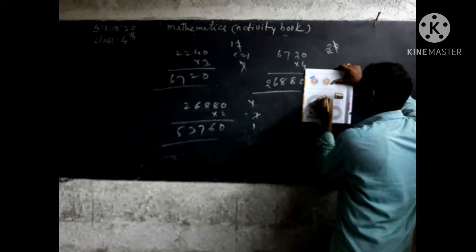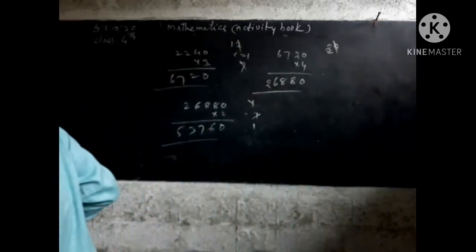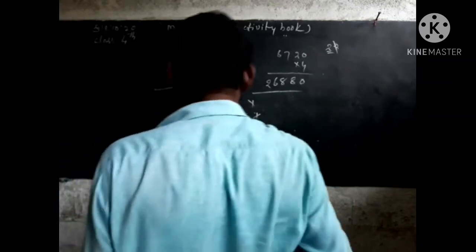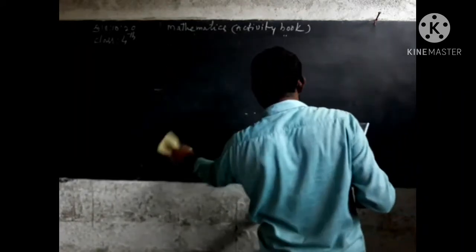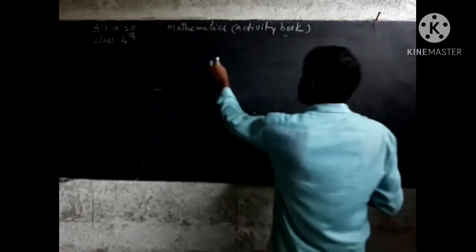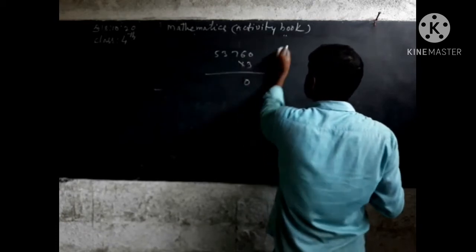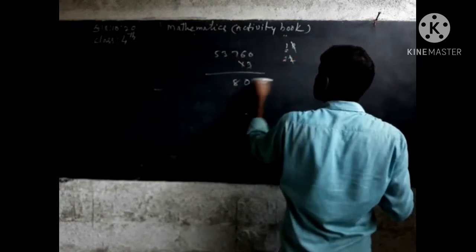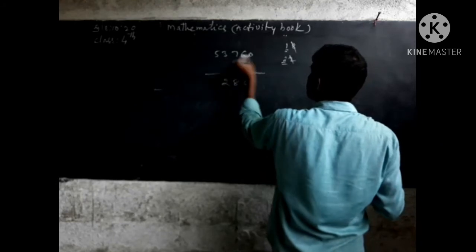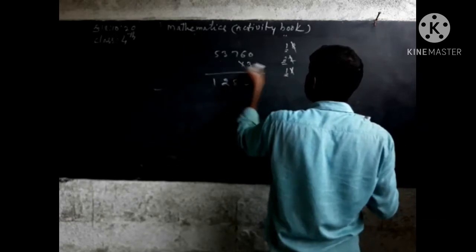See here, 53,760 into 3. 3 0s are 0, 3 6s are 18, 8 taking, carrying 1. 3 7s are 21, plus 1, 22, 2 taking, carrying 2. 3 3s are 9, 9 plus 2, 11, 1 taking, 1 carrying. 3 5s are 15 plus 1, 16.